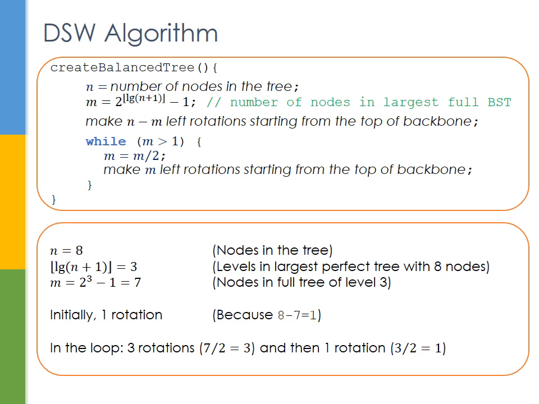So this will then construct our perfectly full binary search tree out of our n nodes, and because we've performed this initial rotation, which is a single rotation, that will also ensure that our single overflow node appears on the far left of our tree.